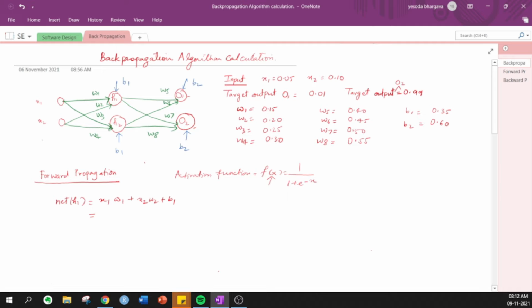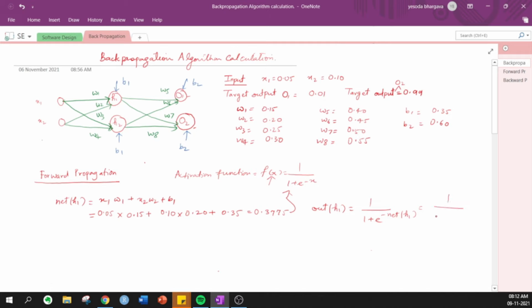When we put in the respective values, we see 0.05 into 0.15 plus x2 is 0.10, w2 is 0.20, and the bias is 0.35. When we compute this, it comes to around 0.3775. When we pass this value to the activation function, it gives us the net output of H1, which is 1 upon 1 plus e to the power minus net H1.